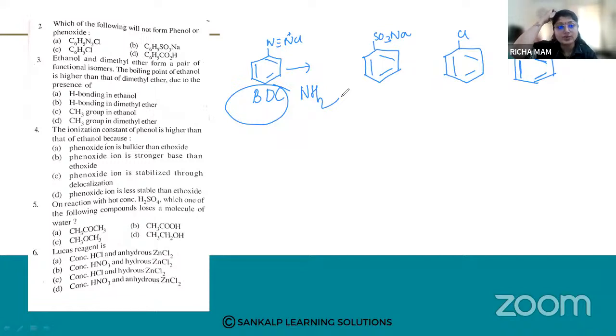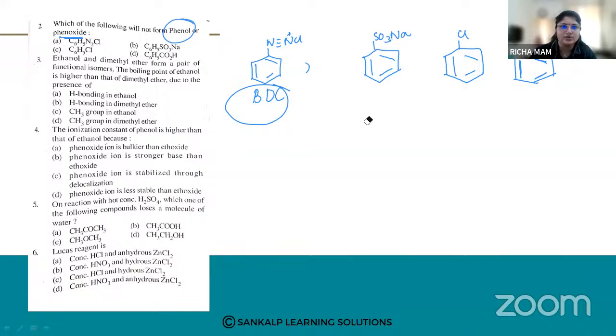Your amines. Okay, so this is used for preparation of amines. Now your sulfonic acid. From this, NH2, it can form phenol or phenoxide. Further, if you treat, it can obtain your phenol or phenoxide.